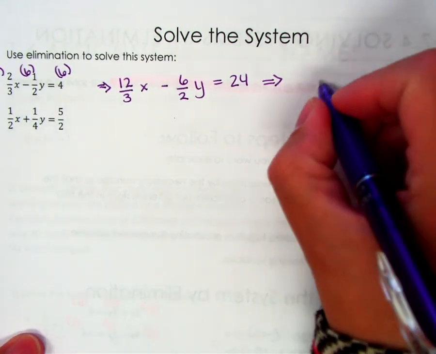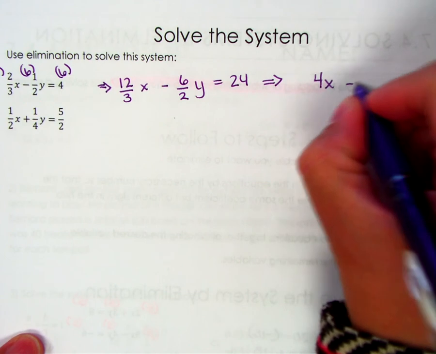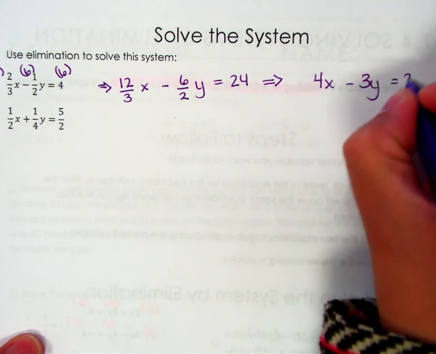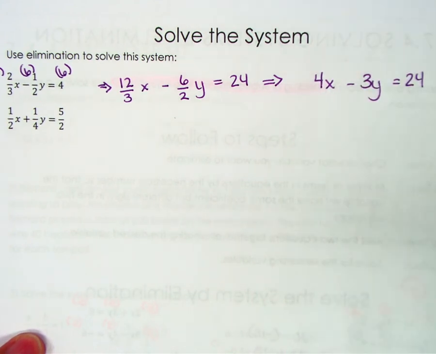Okay, so that's going to be 4x minus 3y equals 24. What am I multiplying by? You're multiplying it by the common denominator.